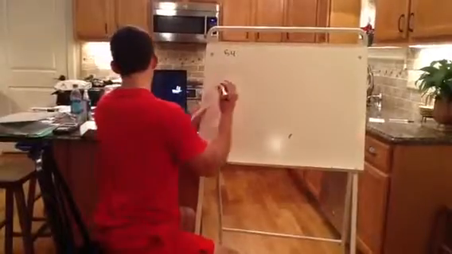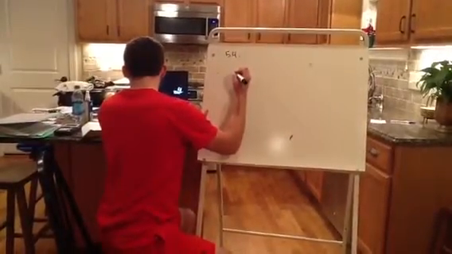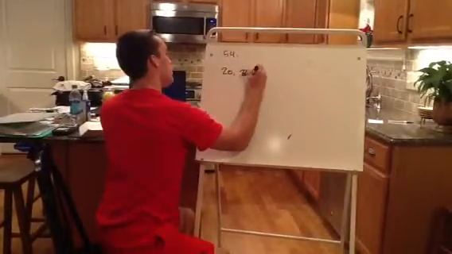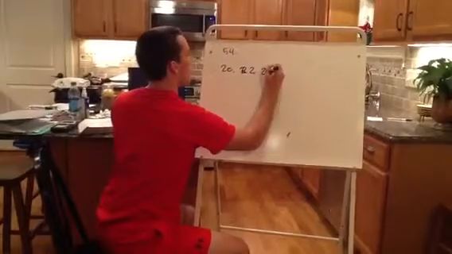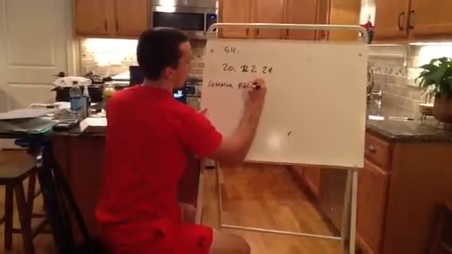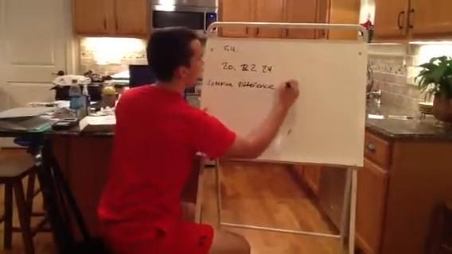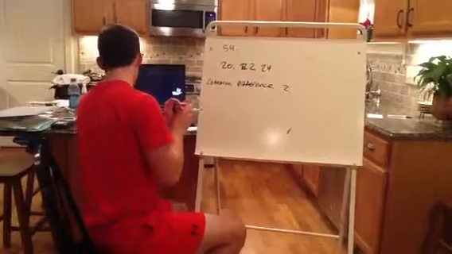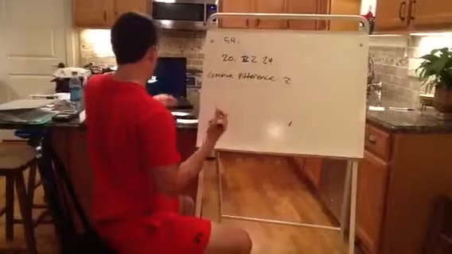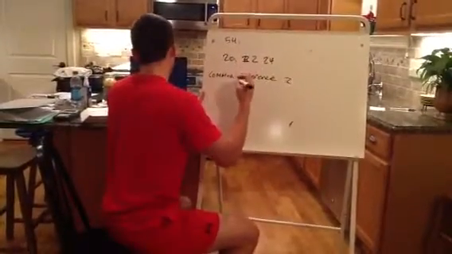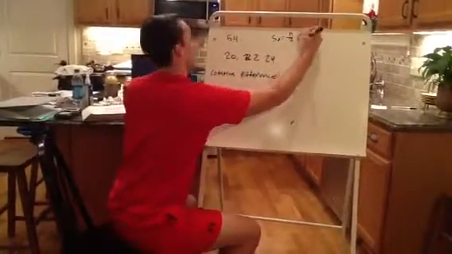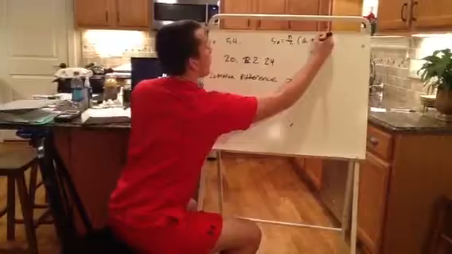So it starts with 20, 22, and 24. So the common difference is 2, and for this one we're going to have to use the sum formula, the one where you can use the first two terms.